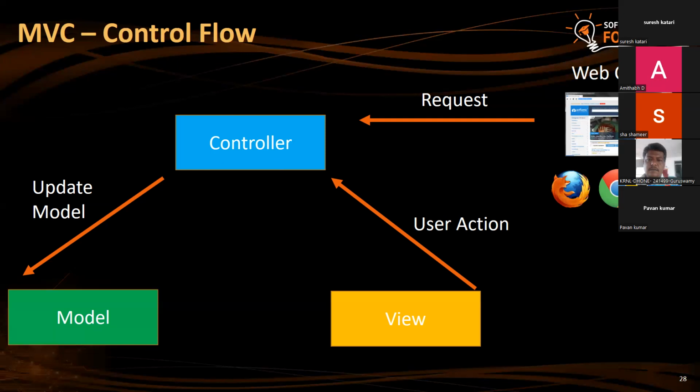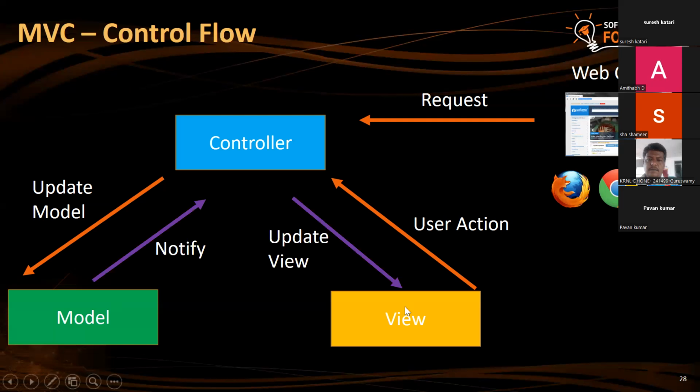So that's where it manipulates the model. Then the model will notify the controller that the action you asked for, creating the new user, is done and the new user is getting created. Again, it will update back to the view. That's where the confirmation comes for us, and the same thing goes as a response.